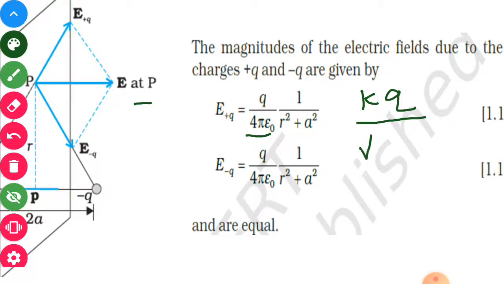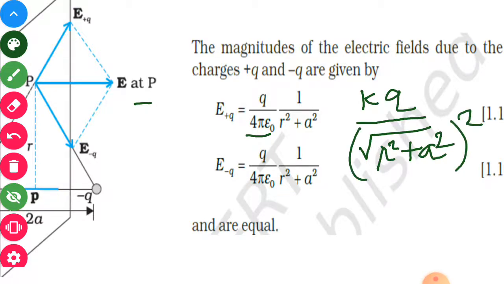Now the distance is the square root of r square plus a square, and we take the square of it. So that will give you this equation: q upon 4 pi epsilon 0, 1 upon r square plus a square.